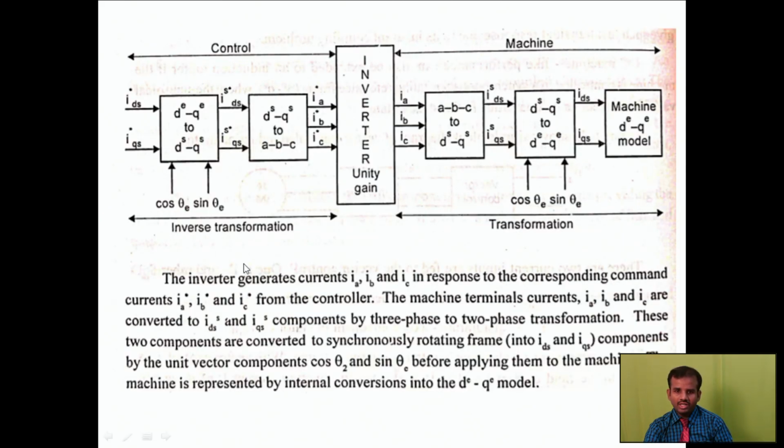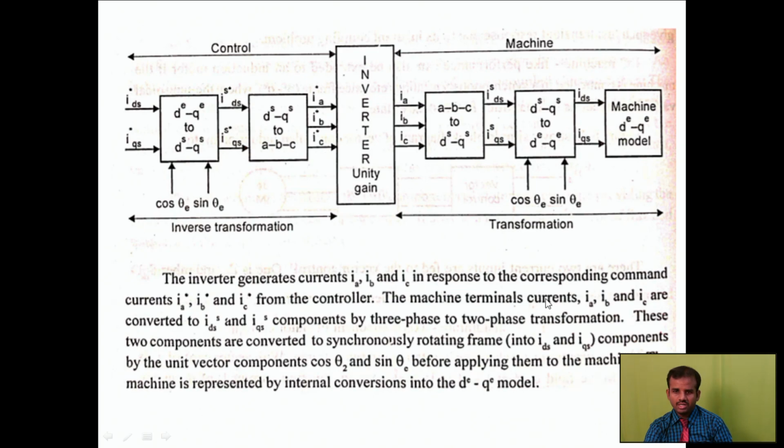Here the inverter generates the currents IA, IB and IC in response to the corresponding command currents IA star, IB star and IC star from the controller.